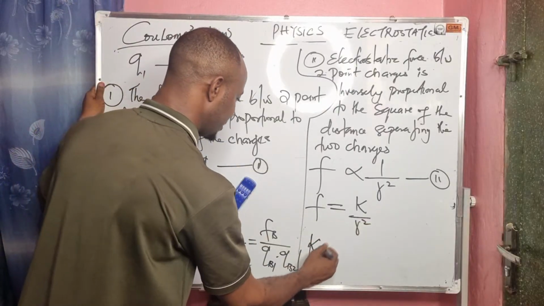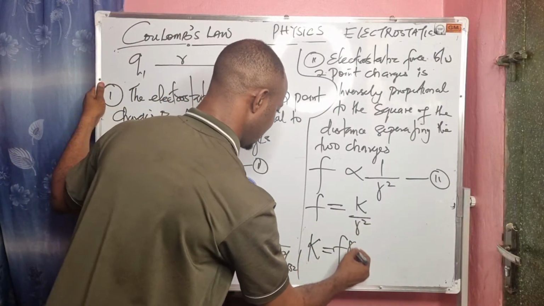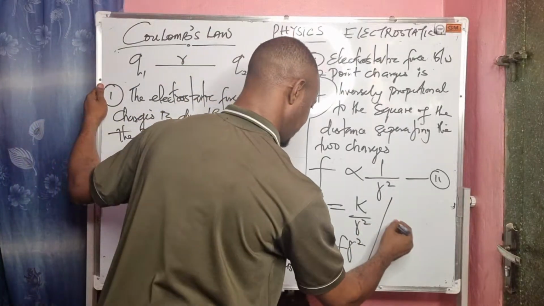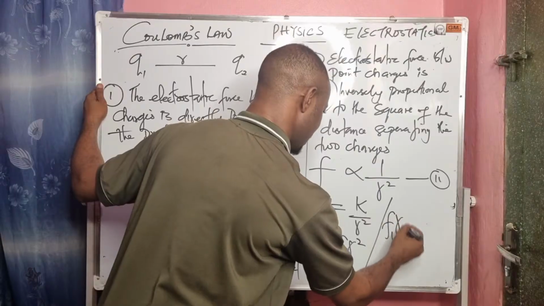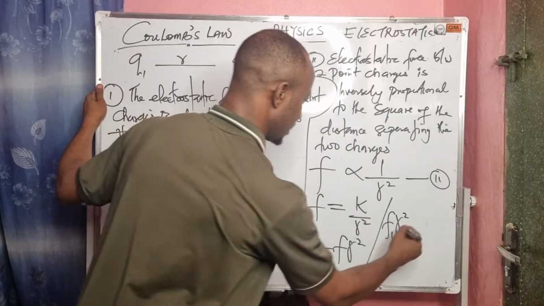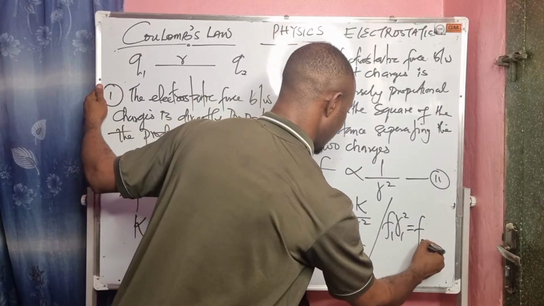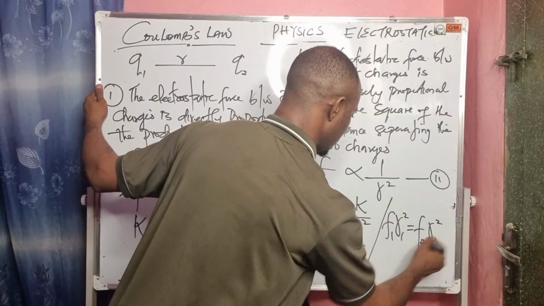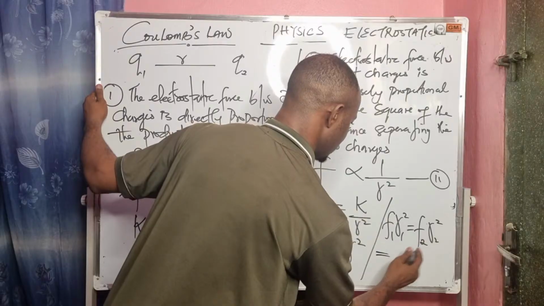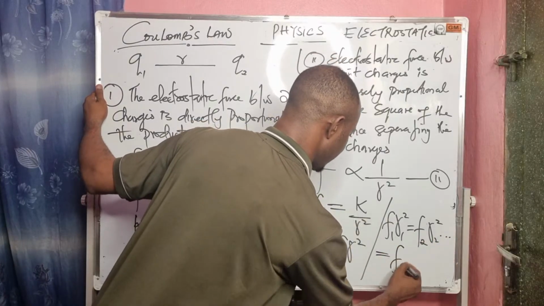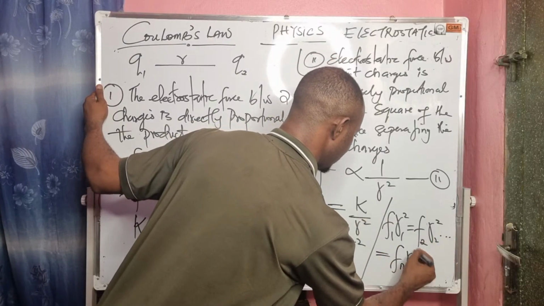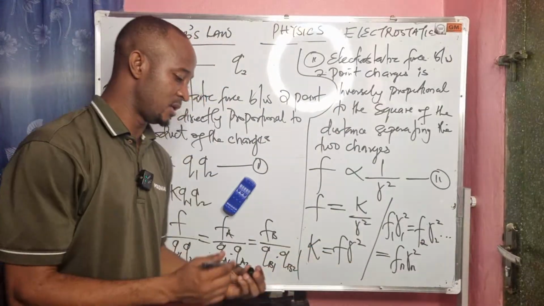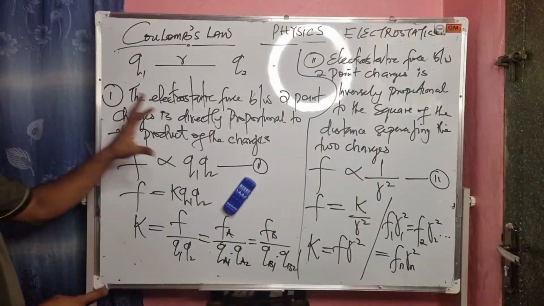From here, our constant K becomes F R squared, which is the same as F1 R1 squared, equals F2 R2 squared, equals Fn Rn squared. Just like we did here, we are repeating the same thing here.